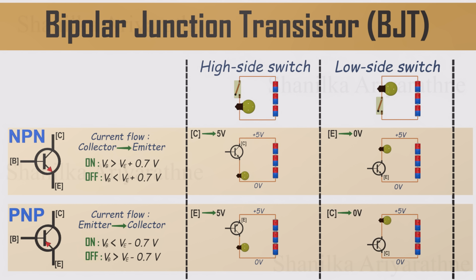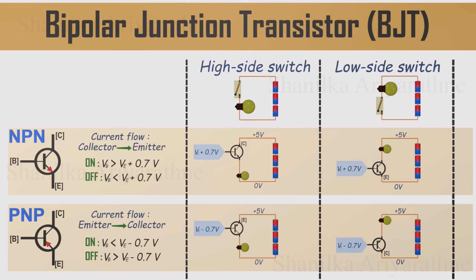At first glance, it might seem like you could just use either an NPN or a PNP transistor to switch the positive or negative side of a circuit, just like a regular switch. Technically, yes, you could do that, but in practice, it's not quite that simple. Here's the issue. To control a transistor, you need to set the base voltage relative to the emitter. For an NPN, the base must be about 0.7 volts above the emitter.